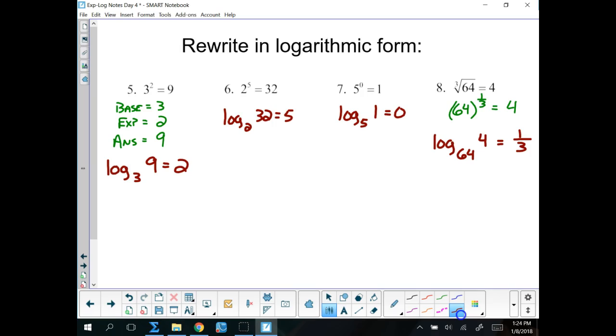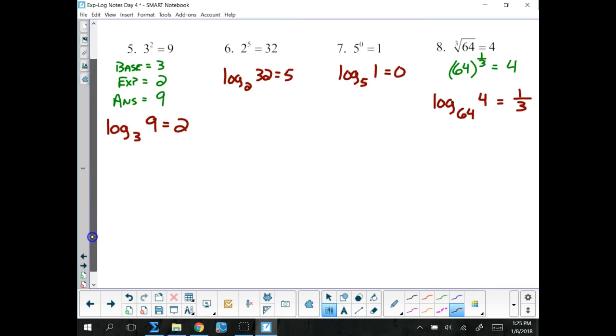What do logarithms do in math? What's their purpose? What do they give you? What do they find? They find the exponents.